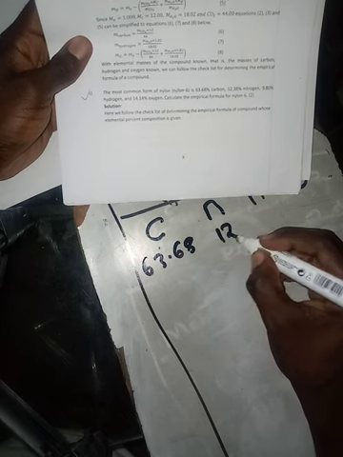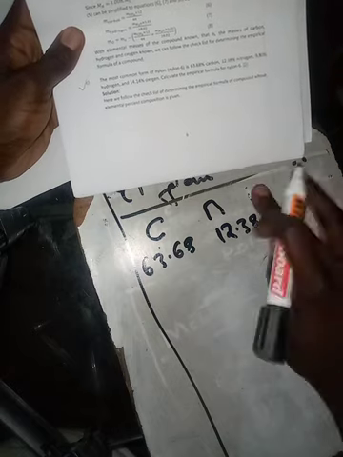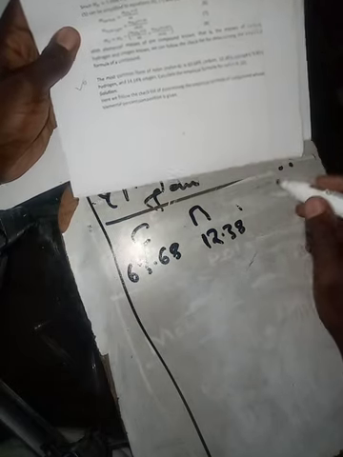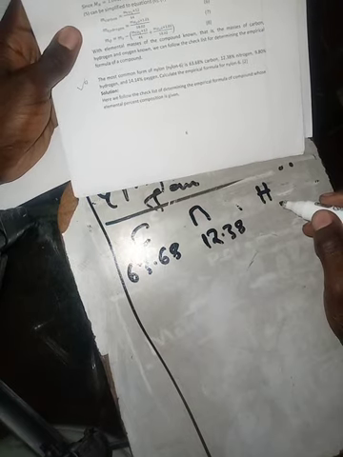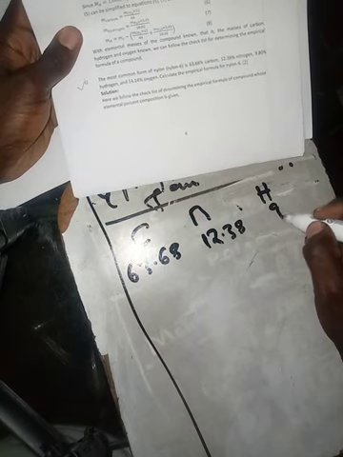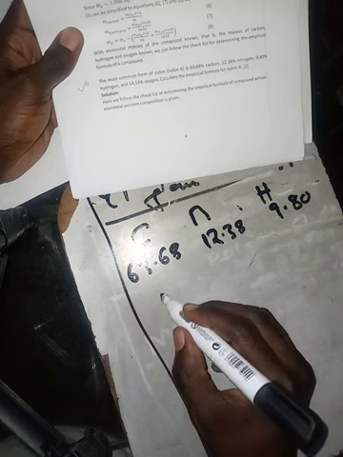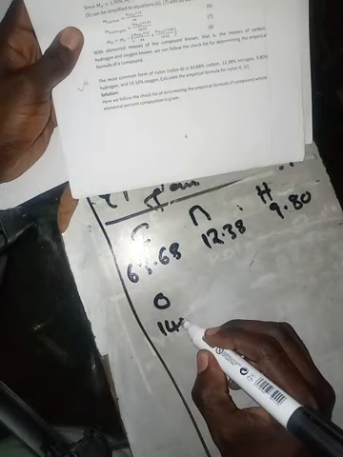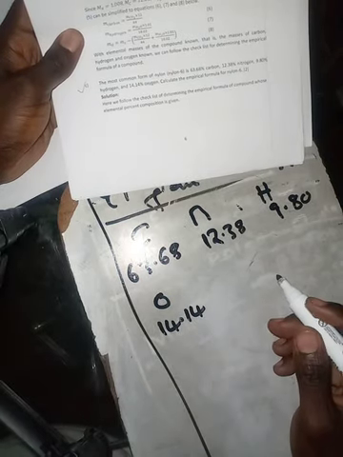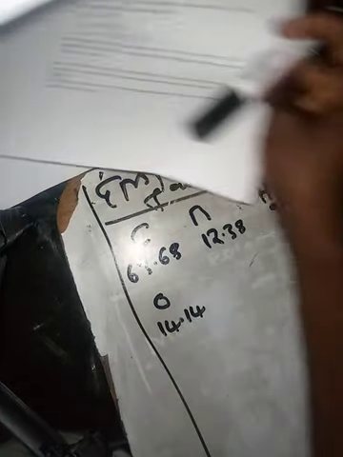Then nitrogen, we've got 12.38. Then hydrogen has been given as 9.80. Then oxygen has been given as 14.14. So due to the small space, I will just use the answer booklet, but I will explain in detail.